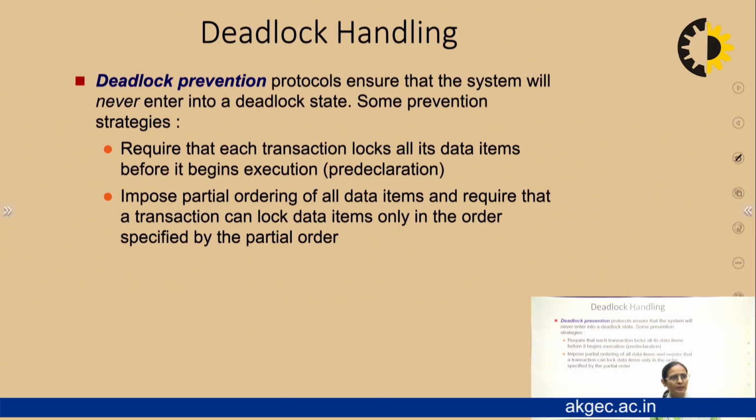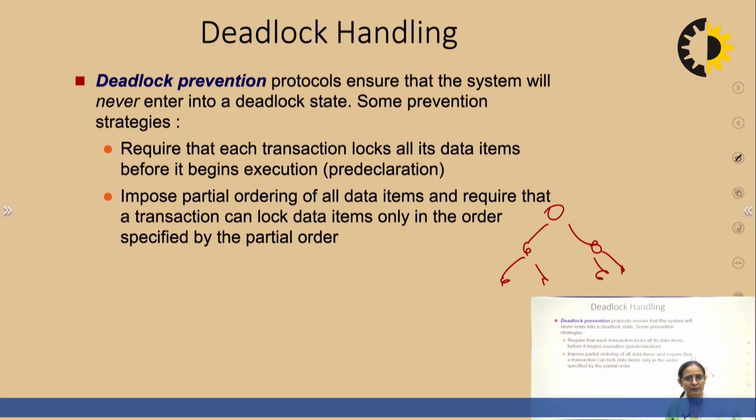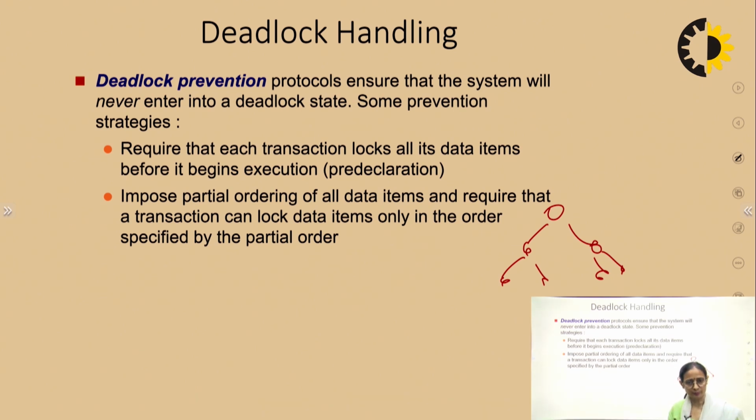The other scheme says to impose a partial ordering of all data items and require that a transaction can lock data items only in the order specified by the partial order. That is, whatever data items there are, we need to create a hierarchy. The same scheme we saw in multiple granularity we can adopt here also.